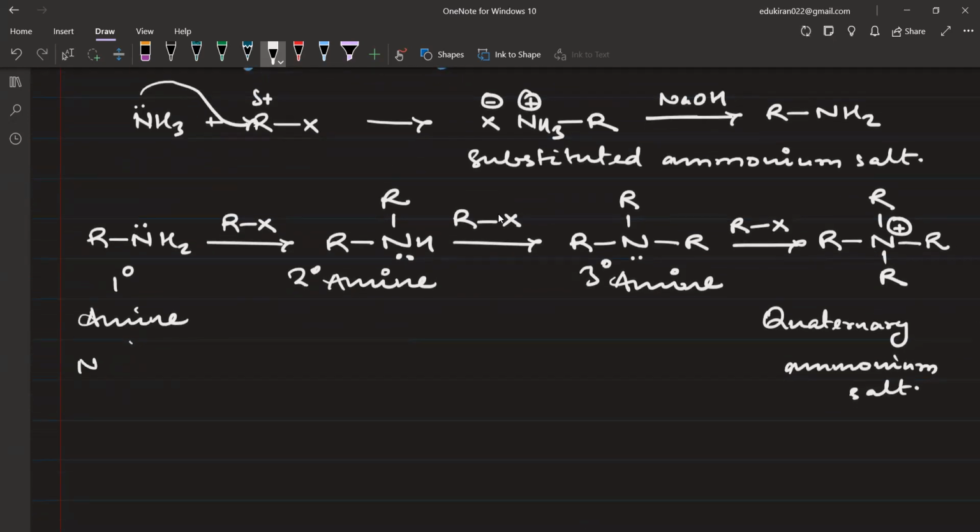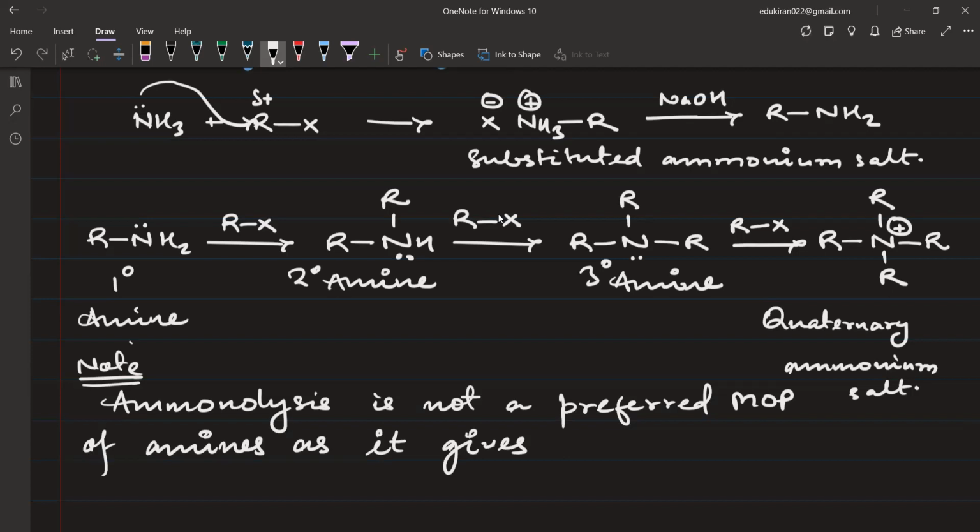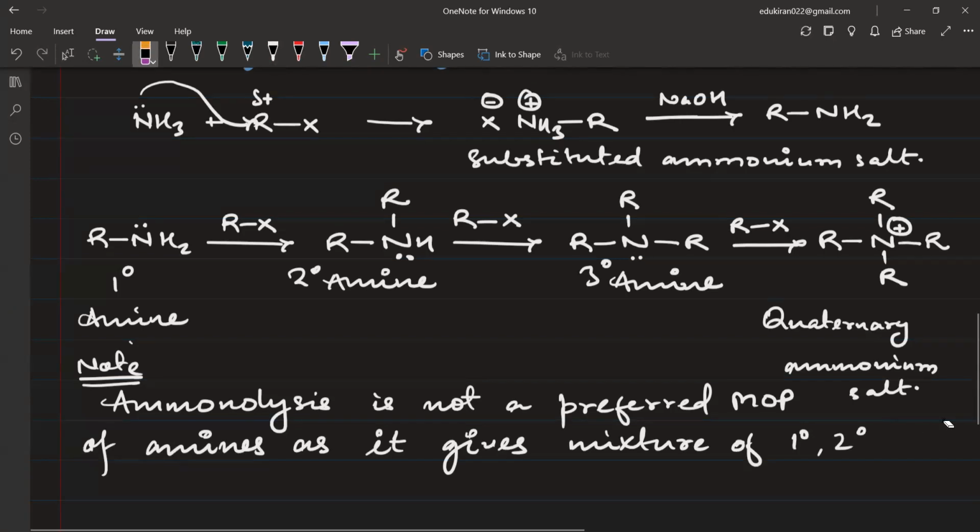So please write a note: ammonolysis is not a preferred method of preparation of amines, as it gives a mixture of 1 degree, 2 degree, 3 degree and quaternary amines.